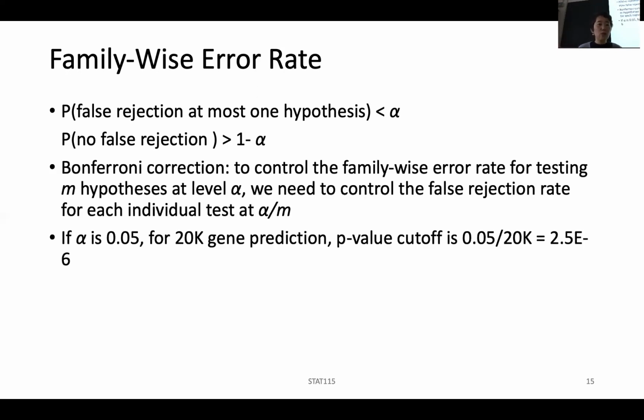The way to do this, without going into the statistical deduction, is to use the Bonferroni correction to control the family-wise error rate.